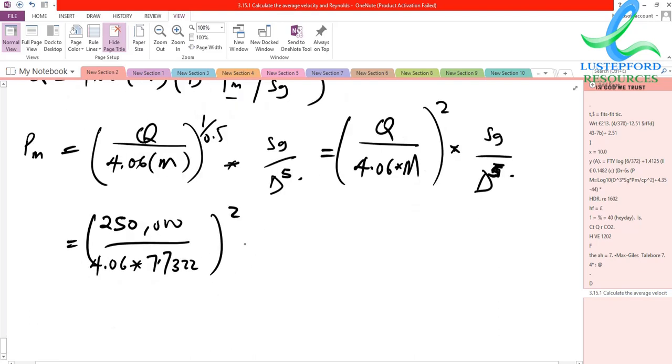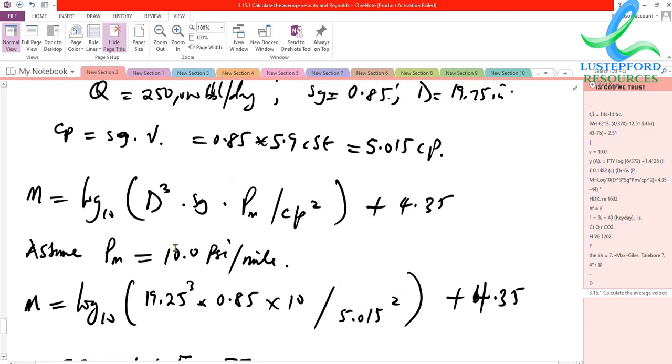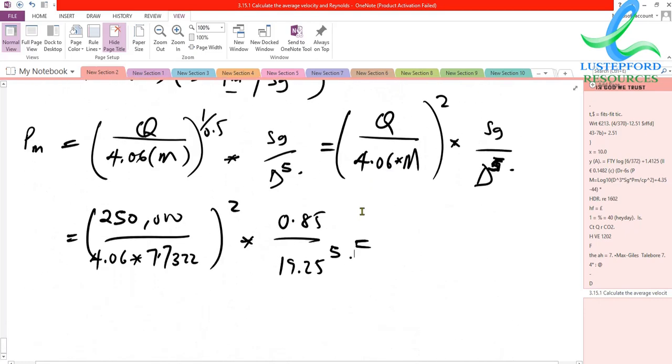Then times this specific gravity 0.85 divided by internal diameter, which is 19.25 raised to power 5. Now let's get the value of PM, which is still not the correct one, because we'll compare it with this assumed value here. If it's not the same, then we'll continue with the integration.